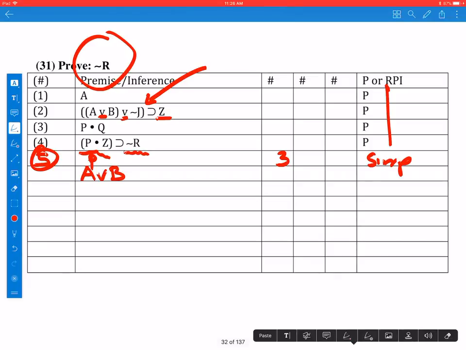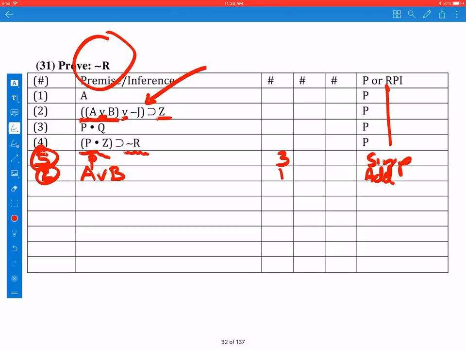A or B, that's from 1 by addition. We can add whatever we want. That's line 6. And remember, we're trying to get this antecedent in line 2, so we also need an or not J. So we're going to take this A or B, and just add or not J. That's from 6 by addition.